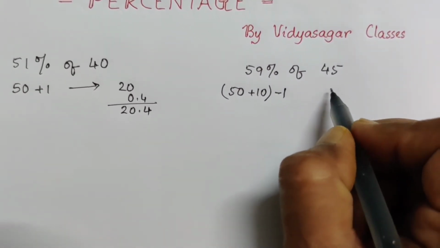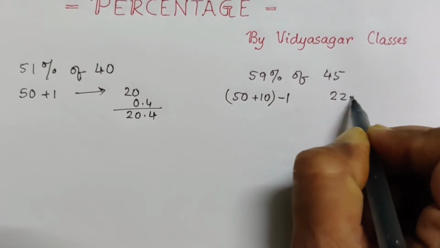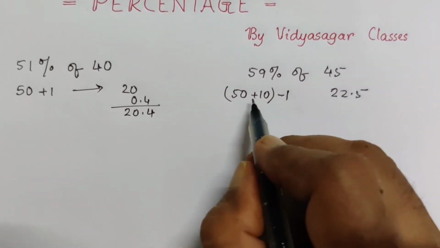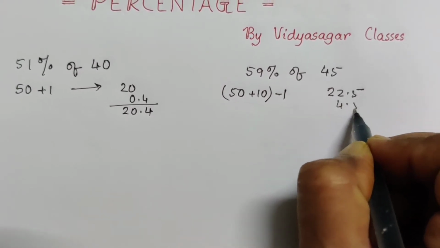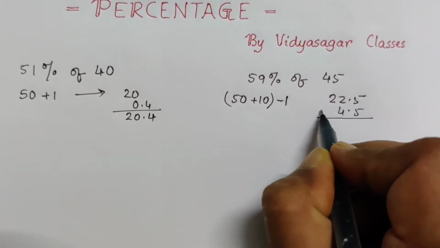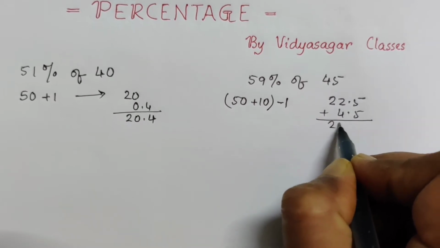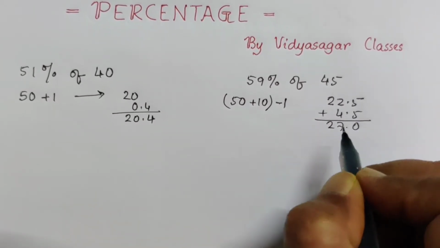Now 50% of 45 is 22.5. 10% of 45 is 4.5. So we add it. Together they make 27.